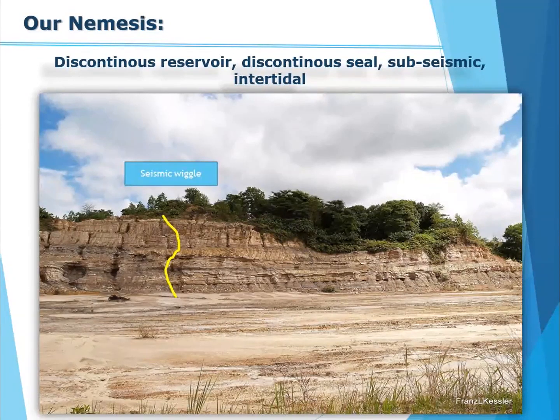But the more common case, which is what we see here, is a reservoir which is not a good reservoir. It contains clay layers and channels. And then there are shaly packages which are maybe 80% shale, but even in there you have reservoir bodies. The whole thing comes and goes from left to right and from right to left.